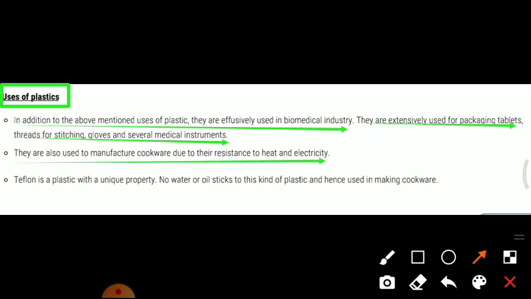Teflon is a special plastic on which oil and water do not stick. It is used for non-stick coating on cookware. Teflon is a plastic with a unique property. No water or oil sticks to this kind of plastic and hence it is used in making cookware.